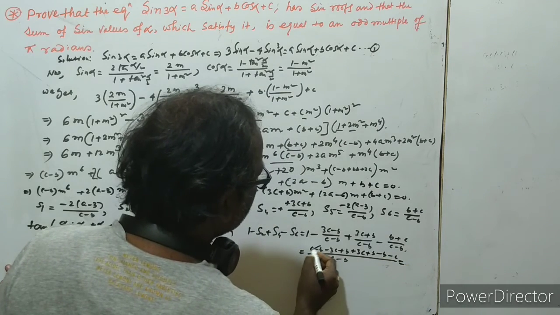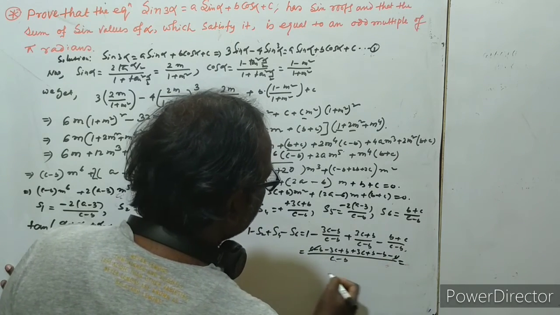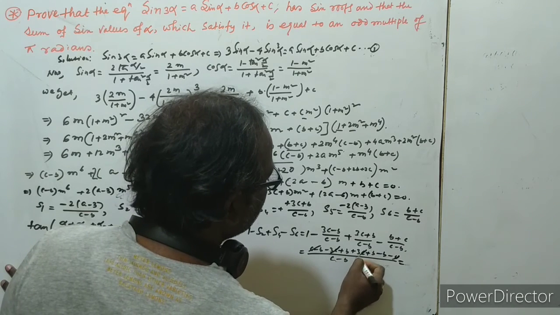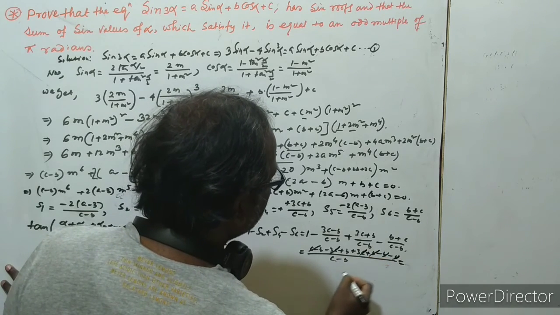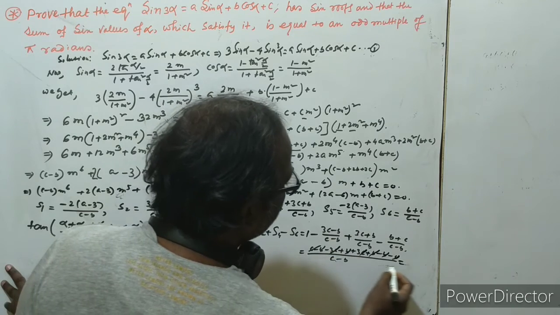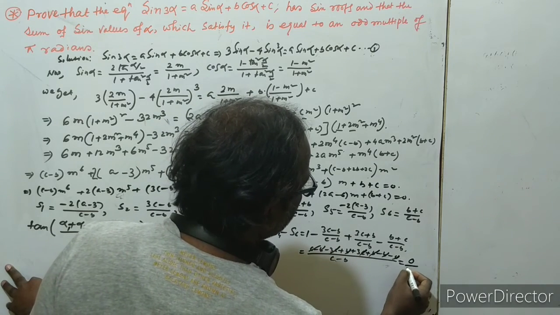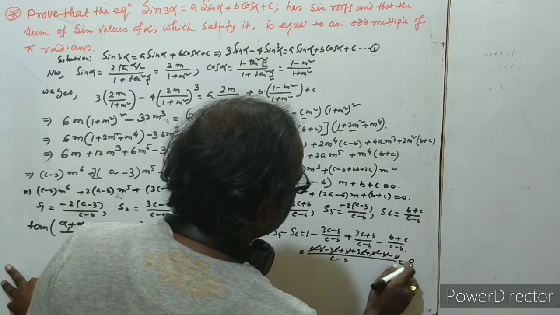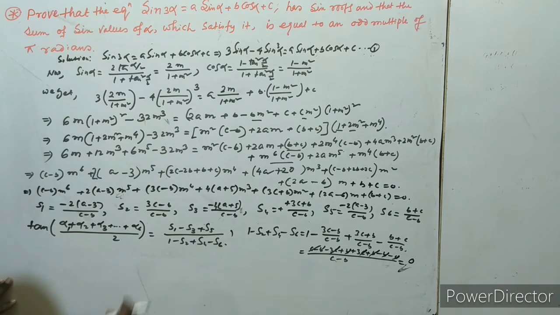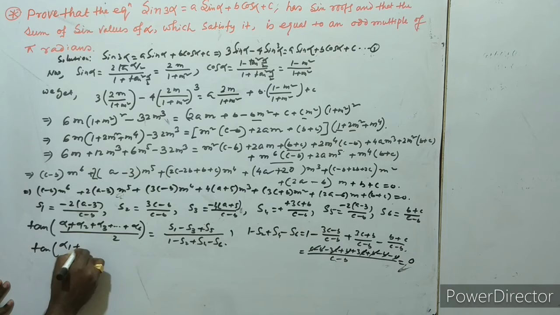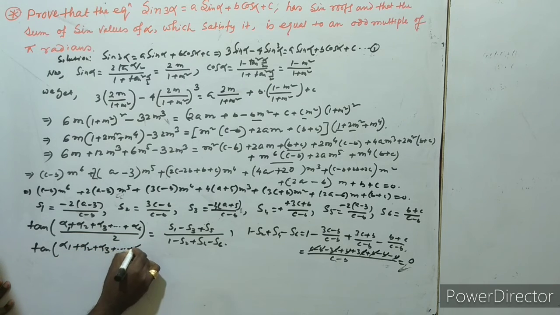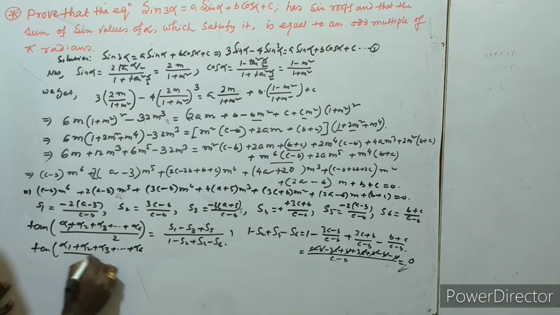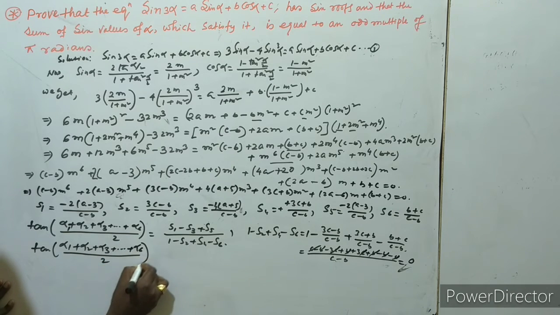Okay, c and c are cancelled, 3c and 3c are cancelled, b are cancelled, then plus b minus b is 0 here. So this is 0. So in that case, the expansion of tan of alpha 1, alpha 2, alpha 3 up to alpha 6 by 2.